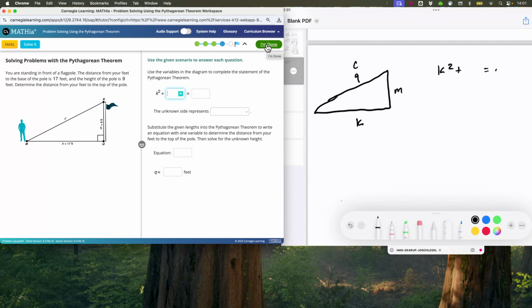The q has to be the c because it's the hypotenuse. That leaves the m to be the b. So a squared, b squared, c squared. That's going to be my a side, my b side, and my c side. So we can throw that in there.